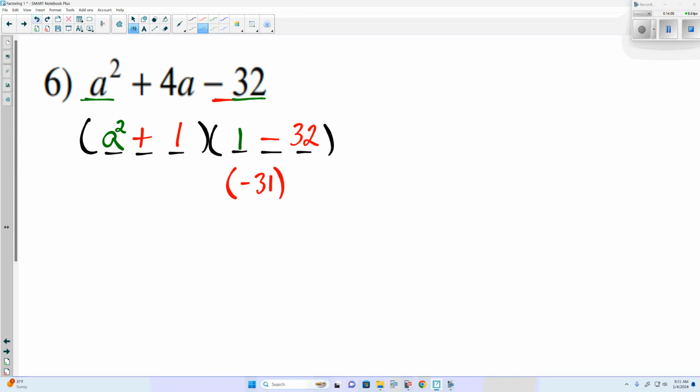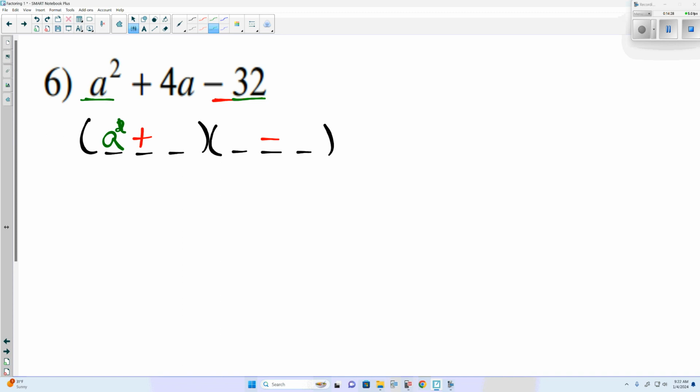The only way that we could have a squared as a factor is if we had a power bigger than a squared to start with. So for the most part with these quadratics, our first term a squared is going to be a and a. Could it work out that one of them is a squared?